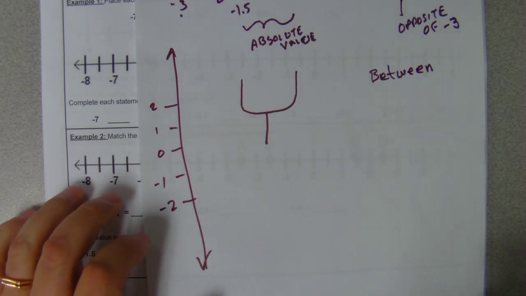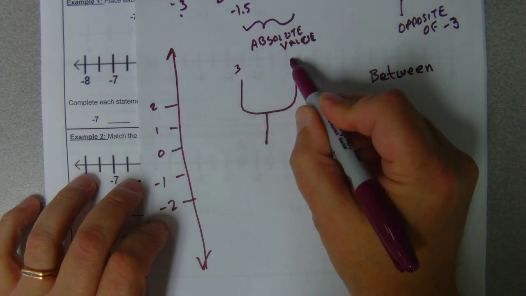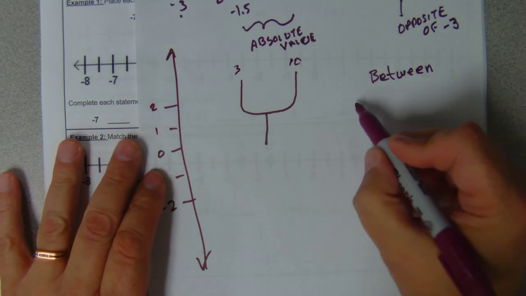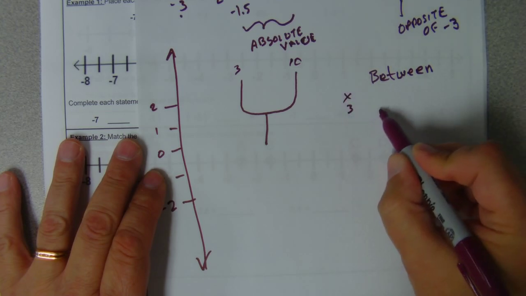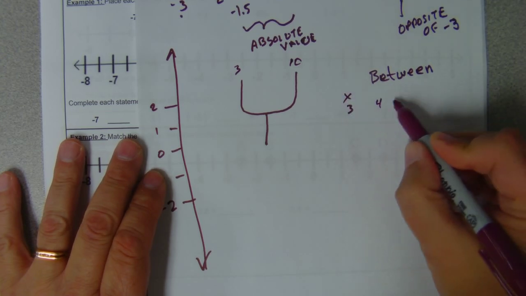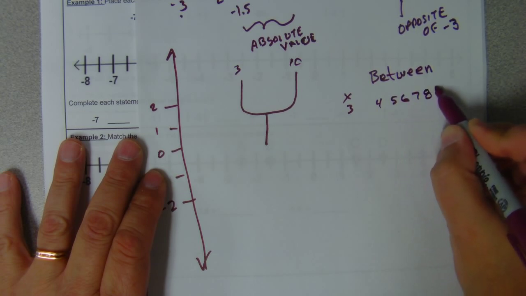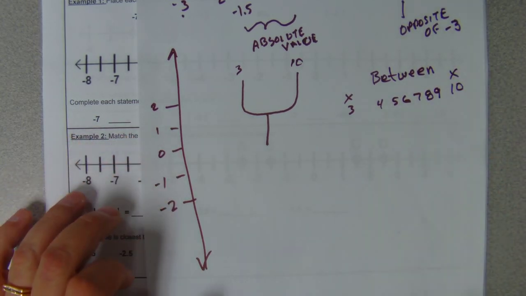So if we're saying between 3 and 10, the numbers that are between 3 and 10 do not include 3, but include 4, 5, 6, 7, 8, 9, and do not include 10.